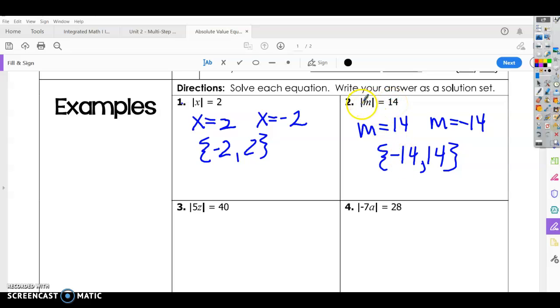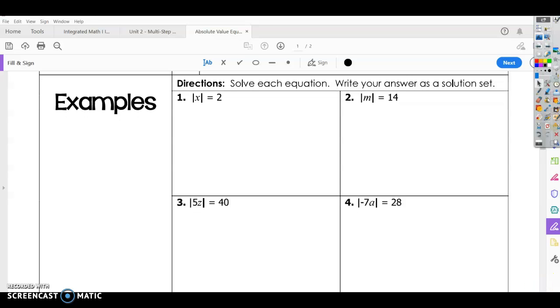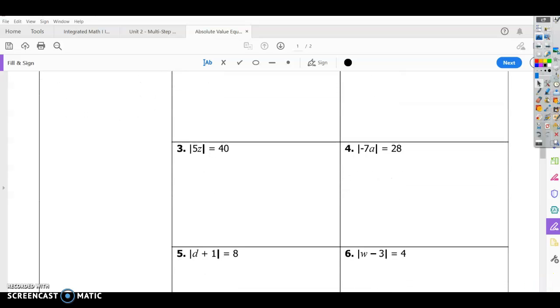So if I take the absolute value of -14, that equals 14. If I take the absolute value of 14, that also equals 14. All right, let's move down and look at a couple more.